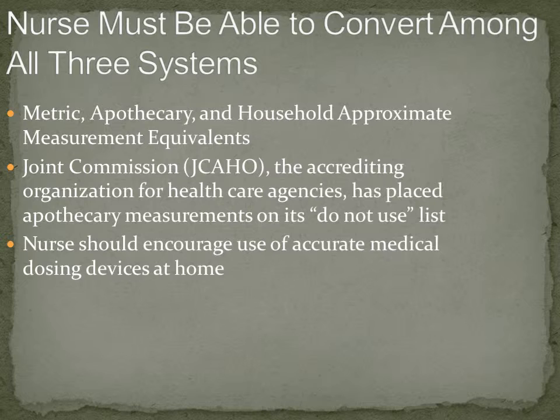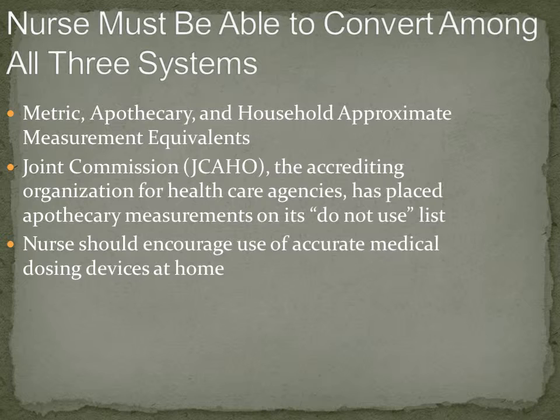Joint Commission does have a "do not use" list as far as, again, the apothecary measurements. Nurses have to make sure that we're having them use accurate measuring mechanisms at home. Quite personally, I think the easiest way to do that is to give them one to take with them.